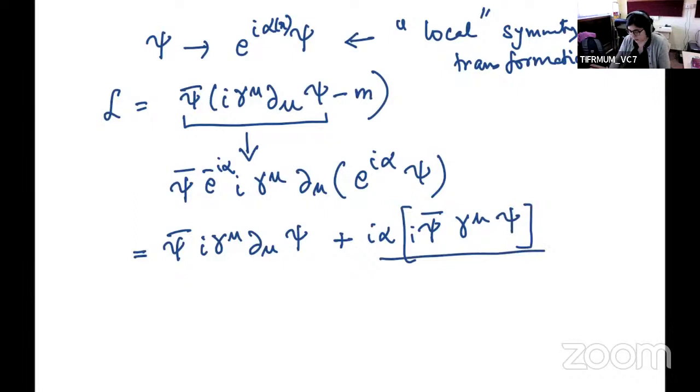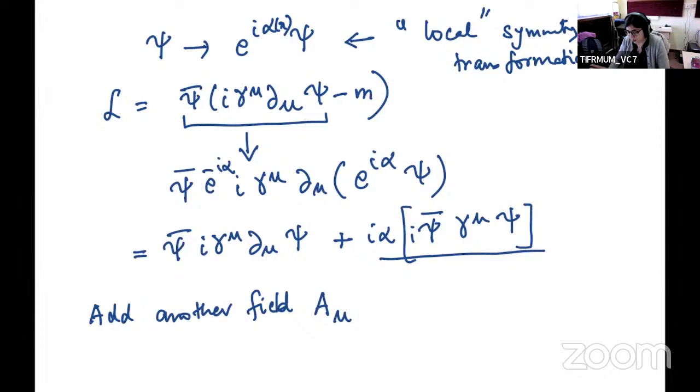Okay? And you will recognize this psi bar gamma mu psi essentially looks exactly like the current that we had derived earlier. Okay? So to get rid of this extra term, what you can do is you can add another field, which I'm going to call A mu. So you remember this term that we have here is a vector-like term. So if you've studied the Dirac equation, you'll remember that this transforms as a vector.